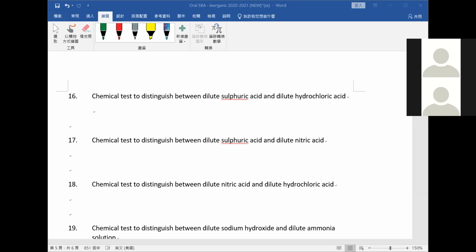Yeah, both will form white PPT. But what is the purpose of heating? Oh, I see. What do you mean by redissolve?